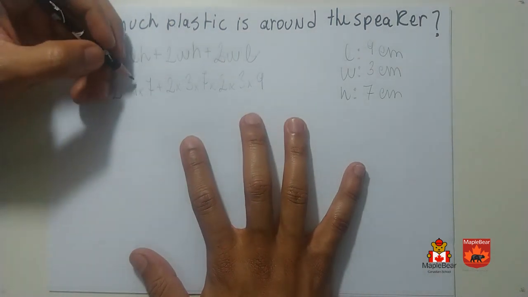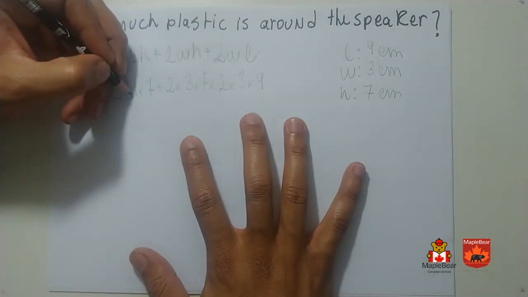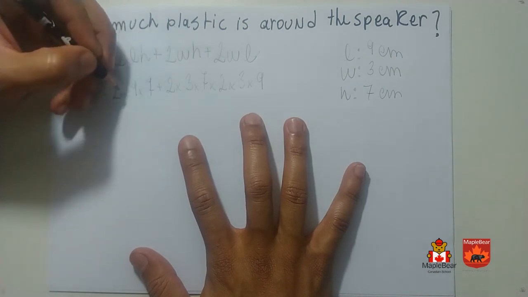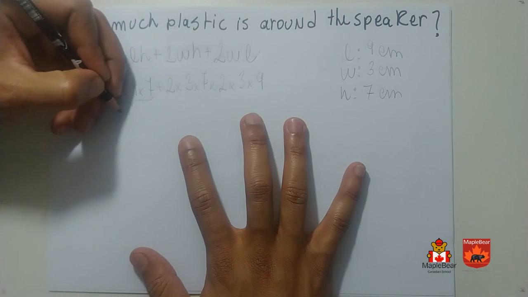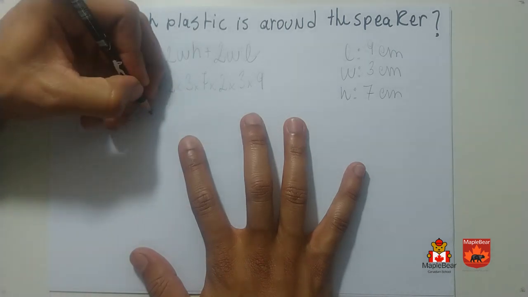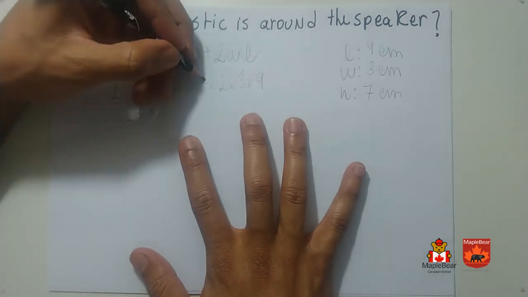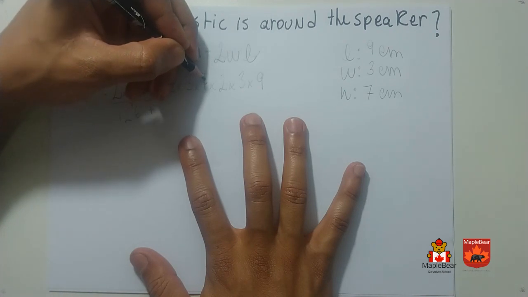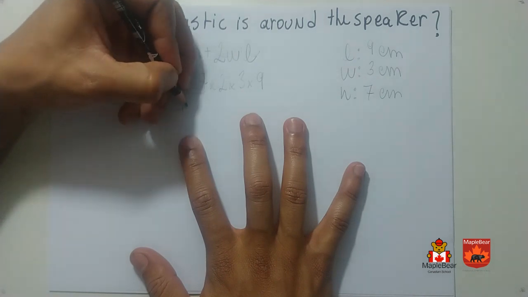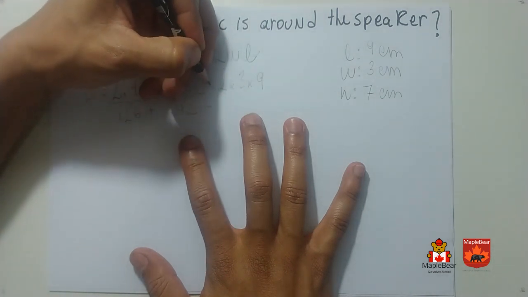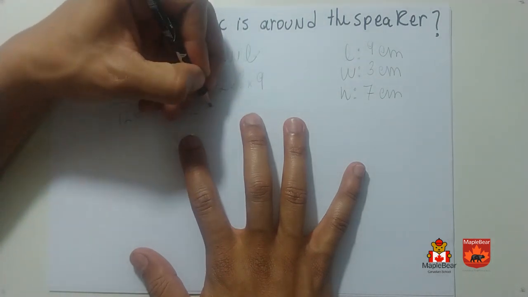In this first one, you have 9 times 7, 63. 63 times 2 equals 126. Plus 2 times 3 times 7, which equals 42. Guys, I'm skipping a little faster because you already did this calculation.